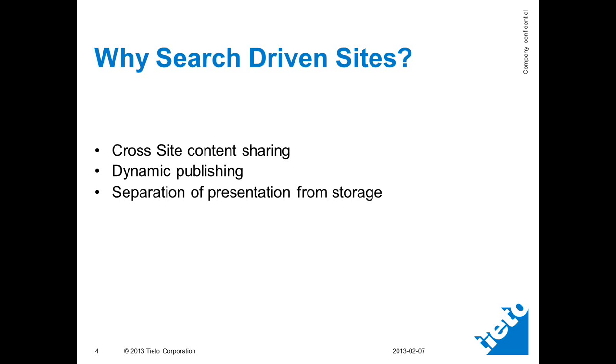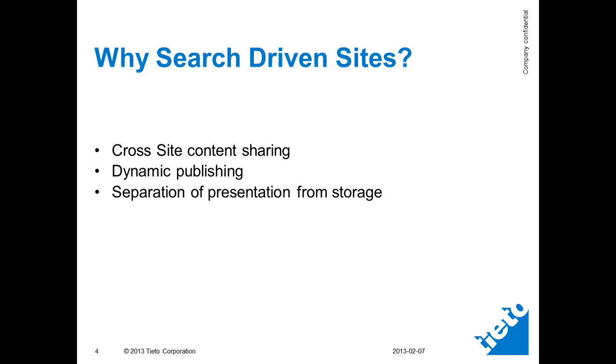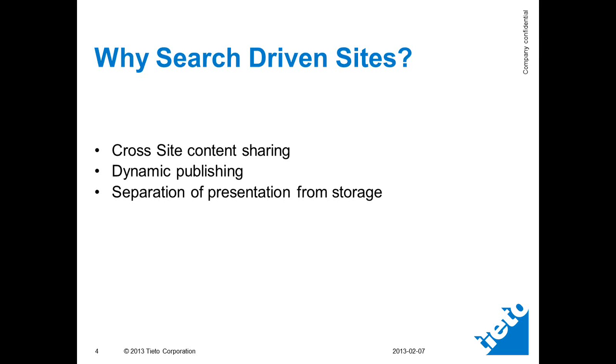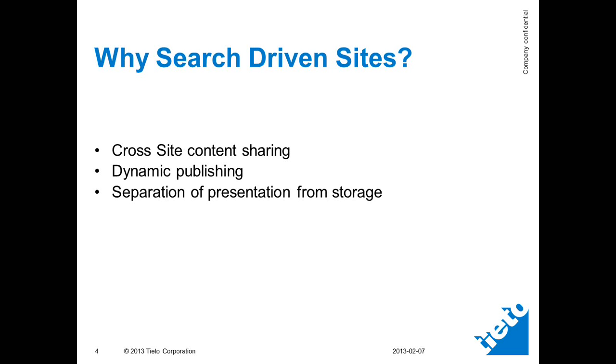Dynamic publishing: if you subscribe to certain content elements on certain sites, you want those contents to be shown at the target sites. The example could be anything.